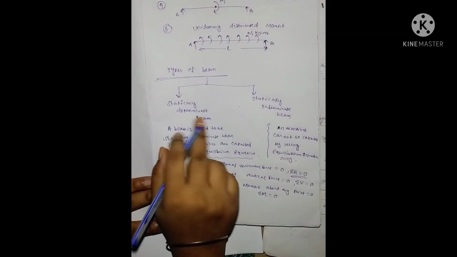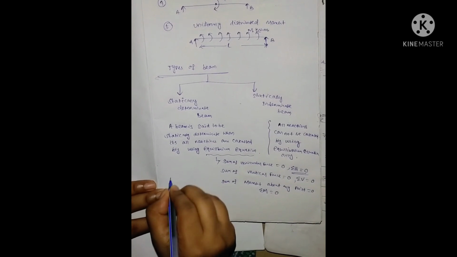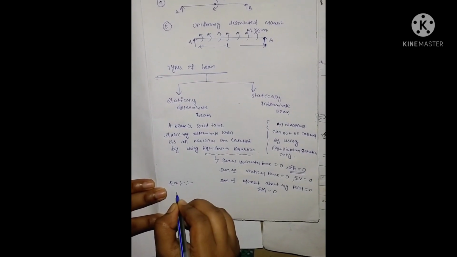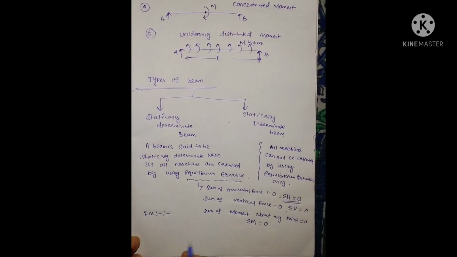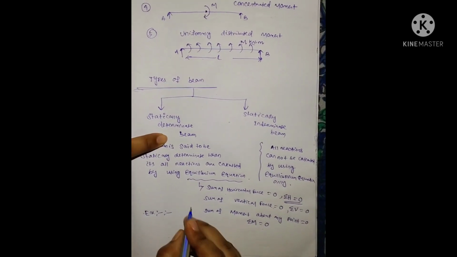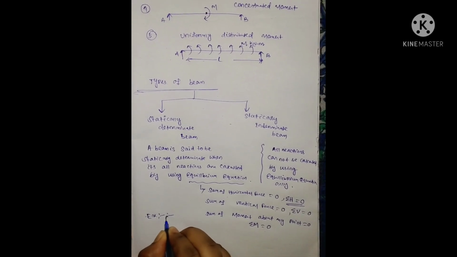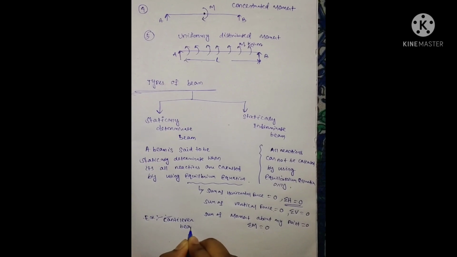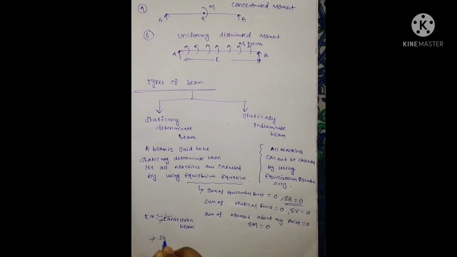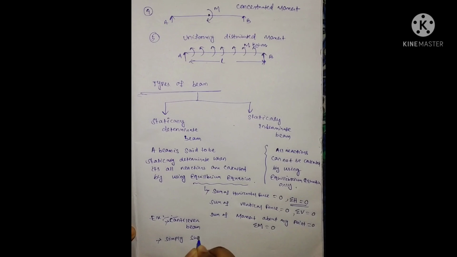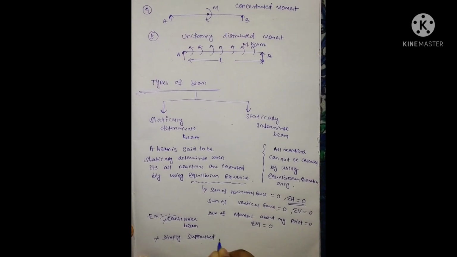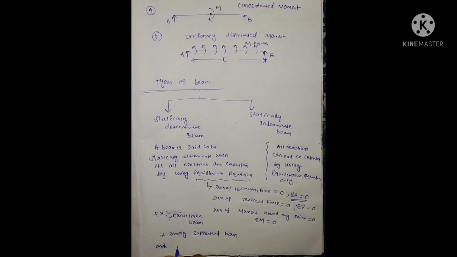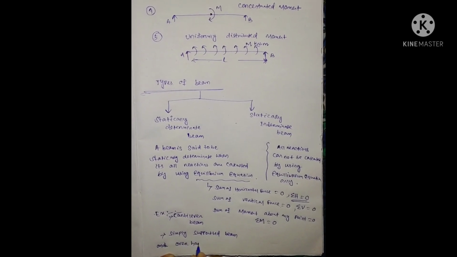Okay. Statically determinate beams. Let's take examples of statically determinate beams, that is cantilever beam, simply supported beam, and overhanging beam.